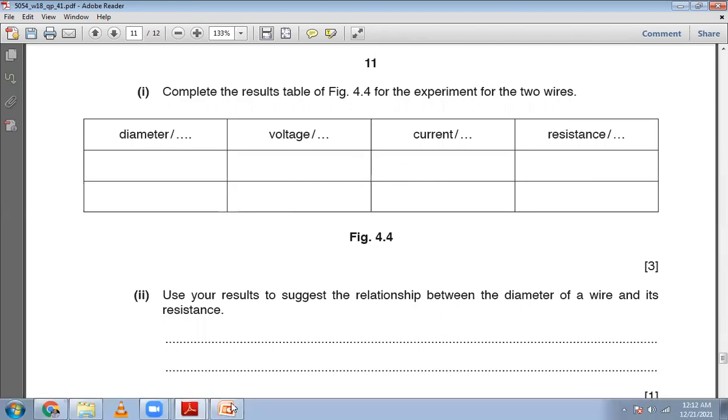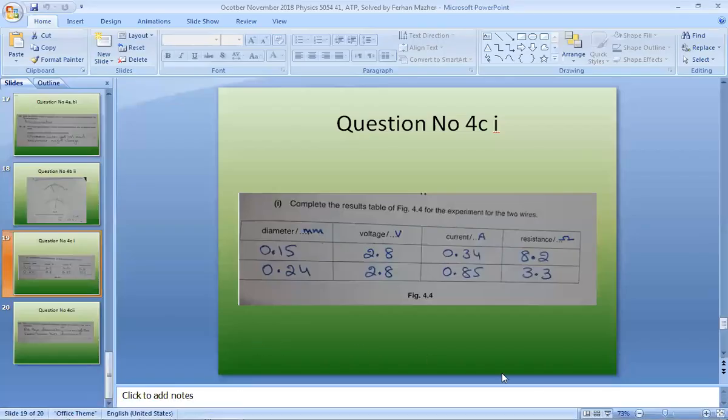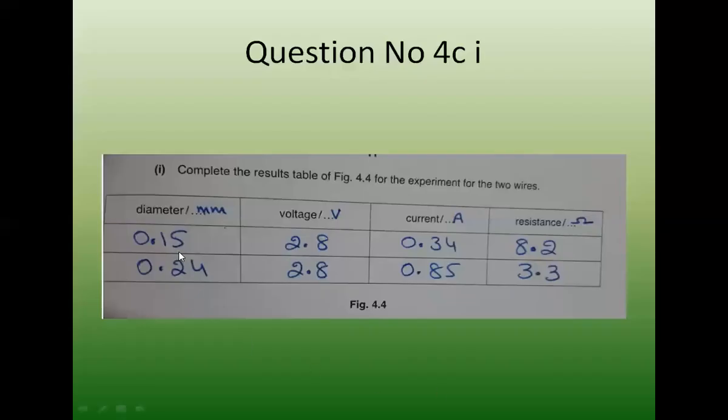Resistance is V by I. So let me show you. So 0.15 millimeter diameter, 2.8 volt, 0.34 ampere. R is equal to V by I. So 2.8 divided by 0.34, and it will give you 8.2 ohm.